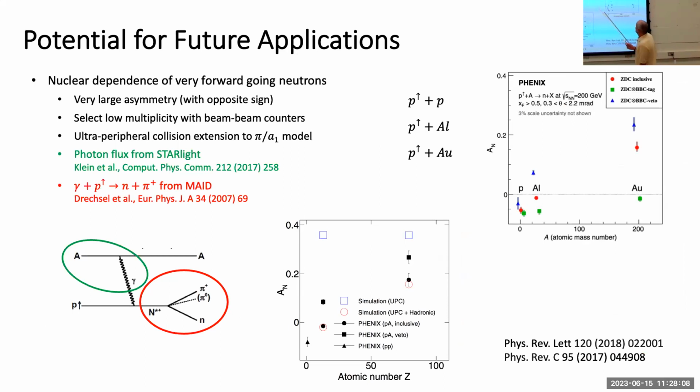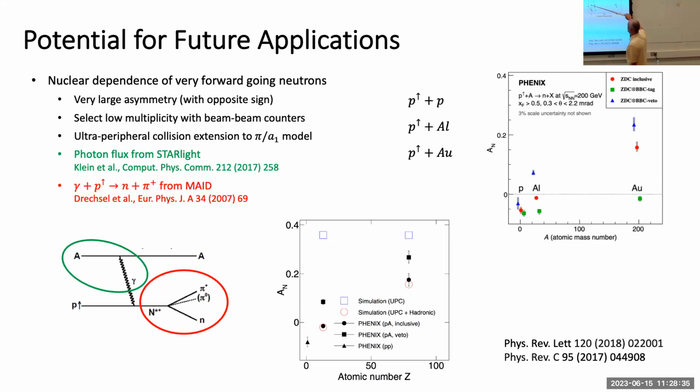One interesting thing that people think about for potential future use is a different sort of spin asymmetry of forward-going neutrons, which was observed in PHENIX and also in STAR in 2015, where we have these asymmetries that I just talked about, and we use different colliding beam systems here for the first time.